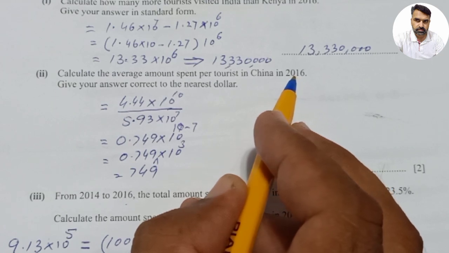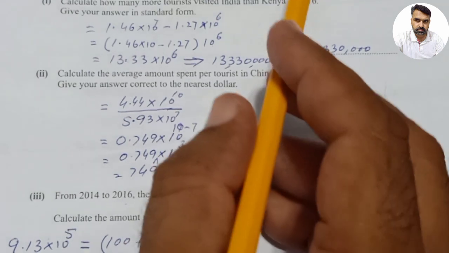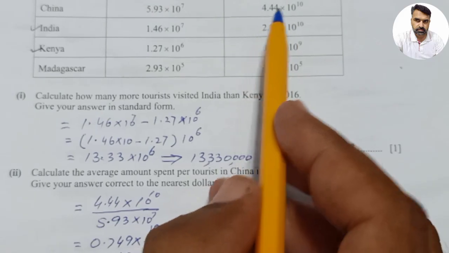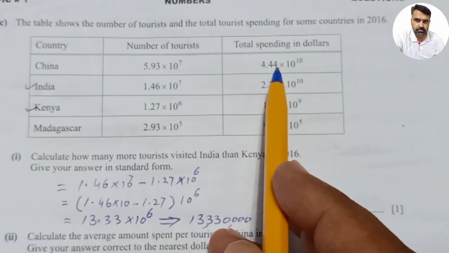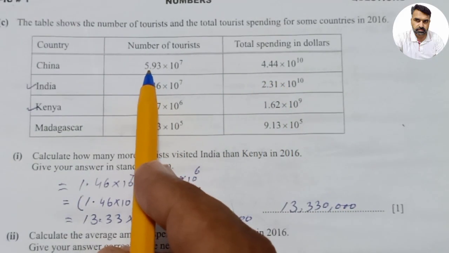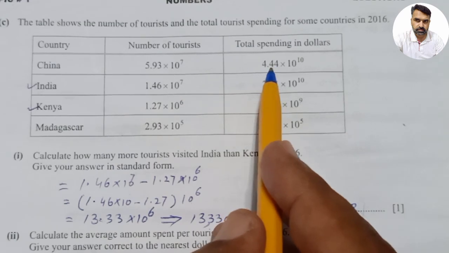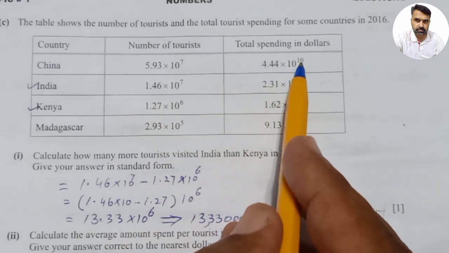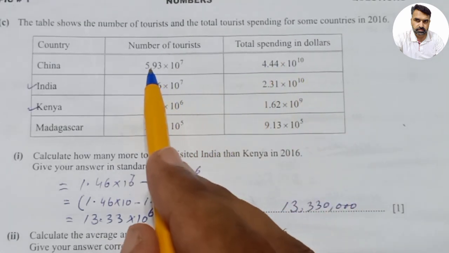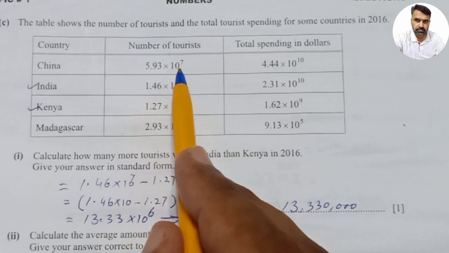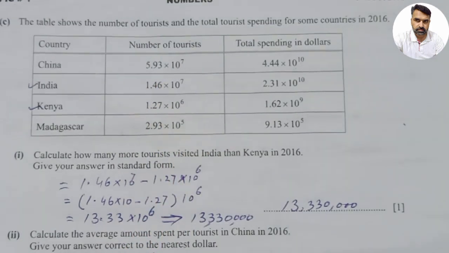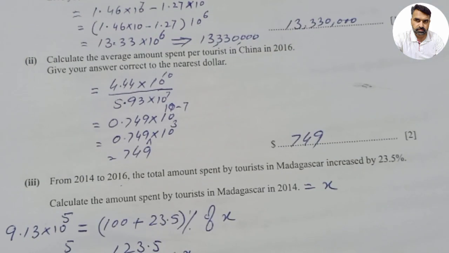Second part: calculate the average amount spent per tourist in China in 2016. So students, we will divide the expenditure of the visitors in China by the number of visitors that visited China. So 4.44 multiplied by 10 to the power of 10 will be divided by 5.93 multiplied by 10 to the power of 7 to find the expenditure per tourist.